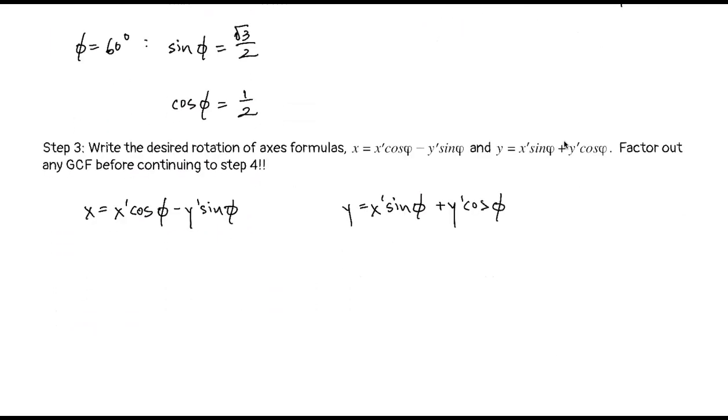Let me give you about 45 seconds to a minute to write out these equations using our sine and cosine values for phi. I'm going to encourage you to also factor out the greatest common factor. Give you a chance to practice plugging those in, and then we'll get started with step 4, which is going to be pretty long and super fun.